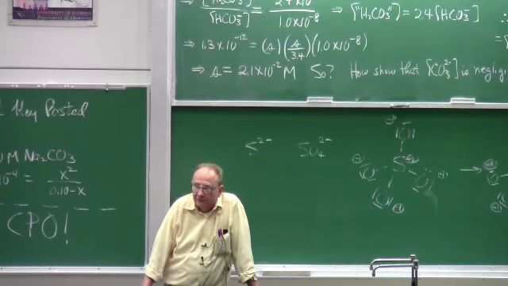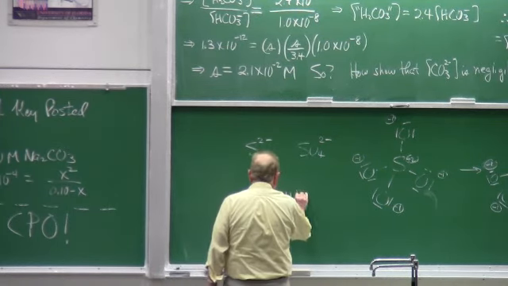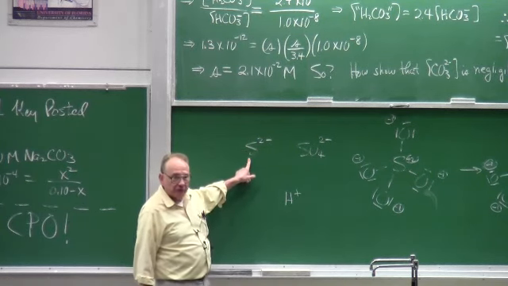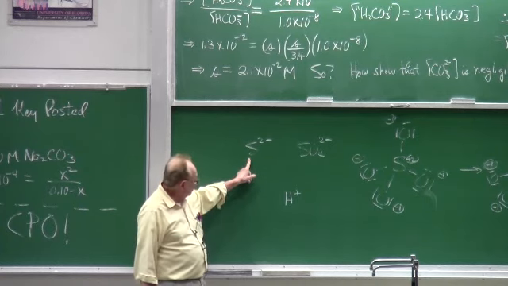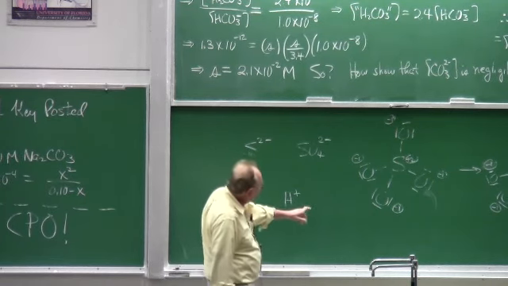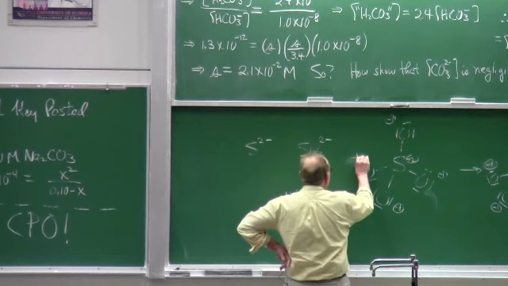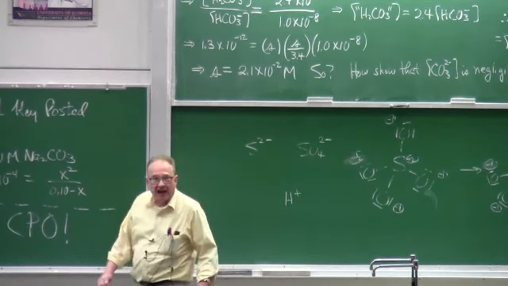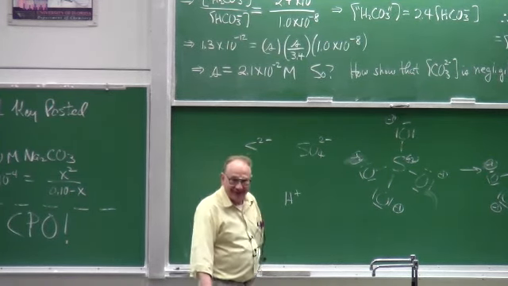So if along comes H+, and it looks at this monatomic species with a charge of -2, situated on an atom of relatively low electronegativity, versus coming all over here and looking at this thing, which in fact has a formal charge of minus a half on each peripheral oxygen, what are you going to stick to?